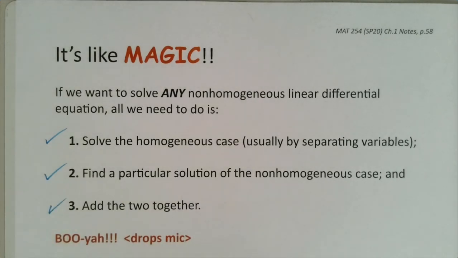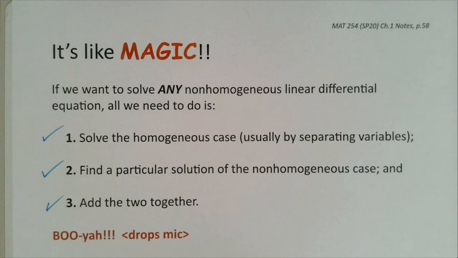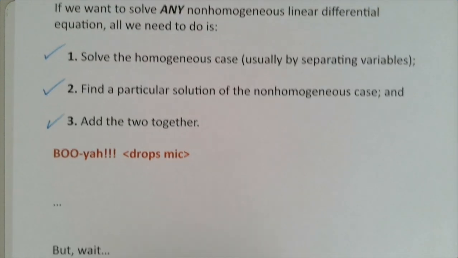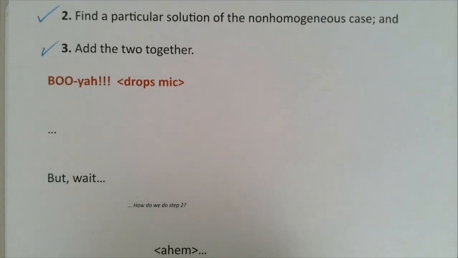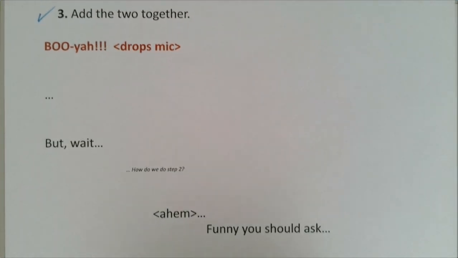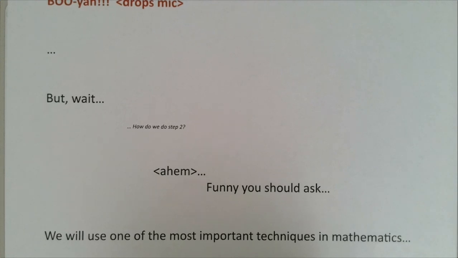And booyah, it's just like we cast a spell. We wind up with exactly the right answer. But of course, if you scroll down, how do we do that step 2? Well, it turns out we're going to use one of the most famous and important techniques in all of mathematics, and we'll start that in the next video. We'll keep you on the edge of your seat until then.